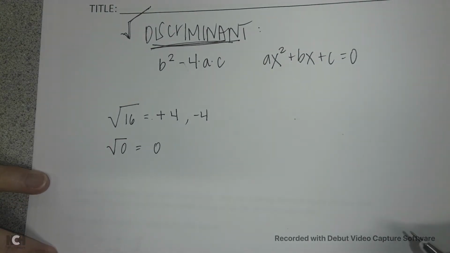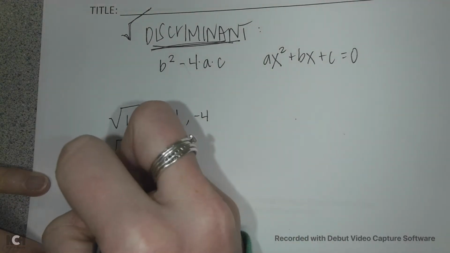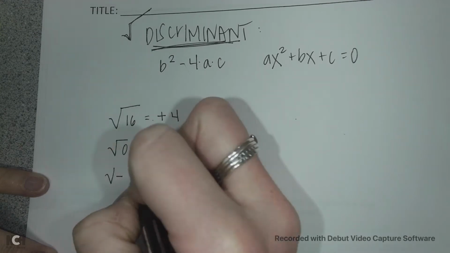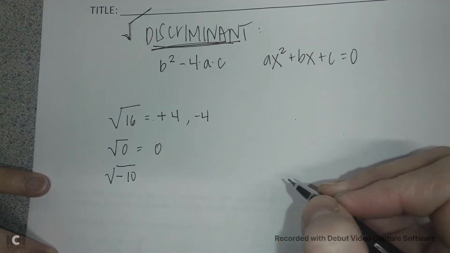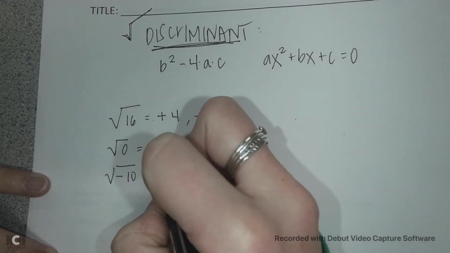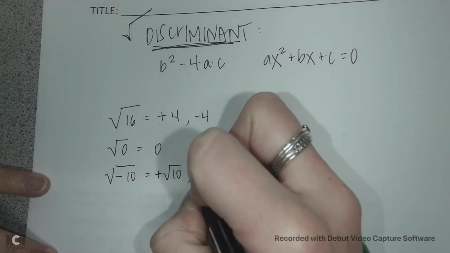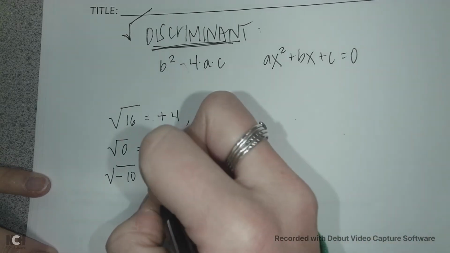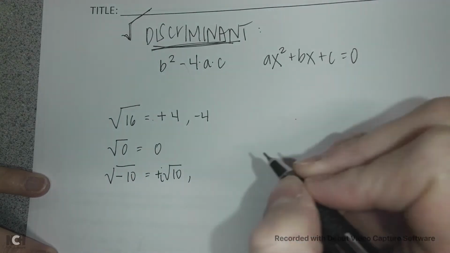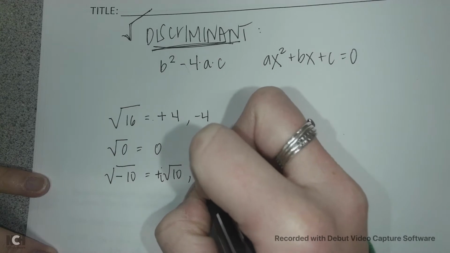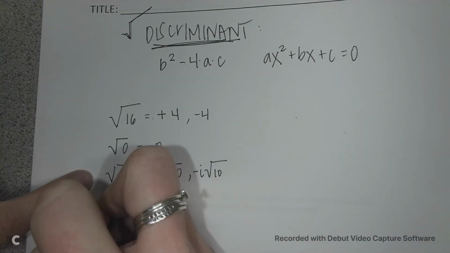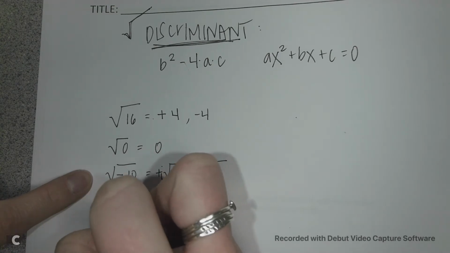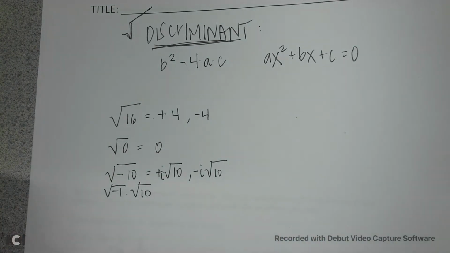So that's one answer. Or if I took the square root of negative 10, then I could get a positive i root 10, or a negative i root 10. We would have to take the square root of negative 1 times the square root of 10, and that i would come out.